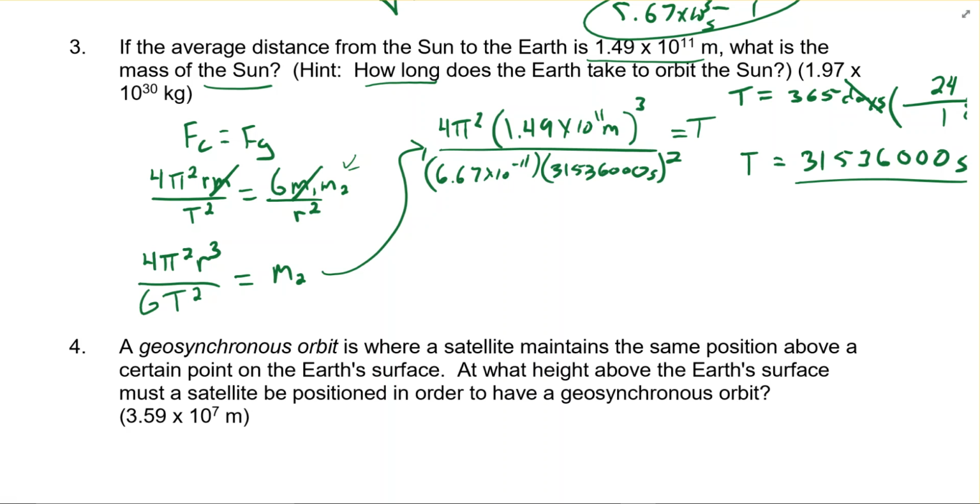Okay, so you put that into your calculator, you get, whoop, sorry, made a mistake there. That should have said m right here. Hopefully you made sense of that. Okay, and your m2 ends up being equal to 1.97 times 10 to the 30 kilograms.